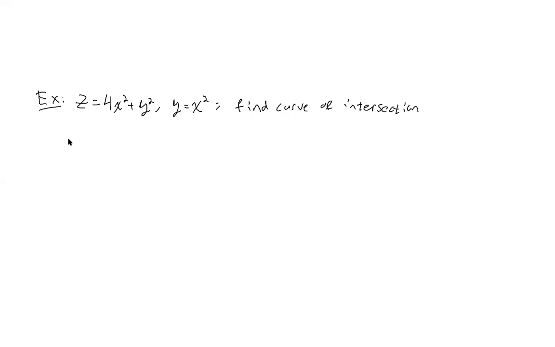Now to do this, we're going to make a couple of observations. Here's the different trick we're going to use in this case: the second equation, the second surface, has y as a function of x.